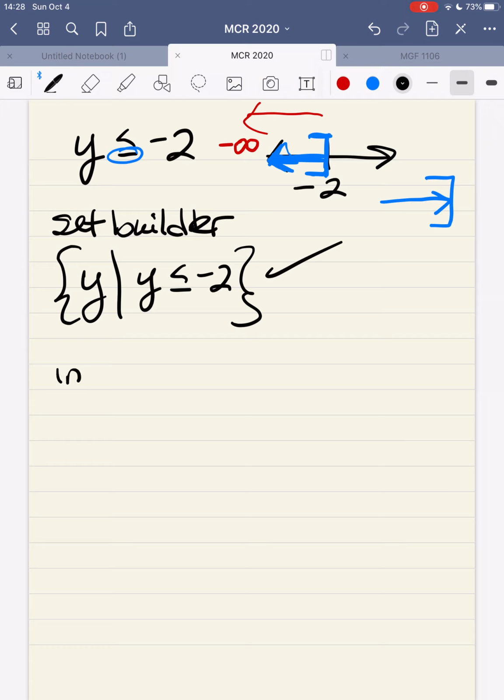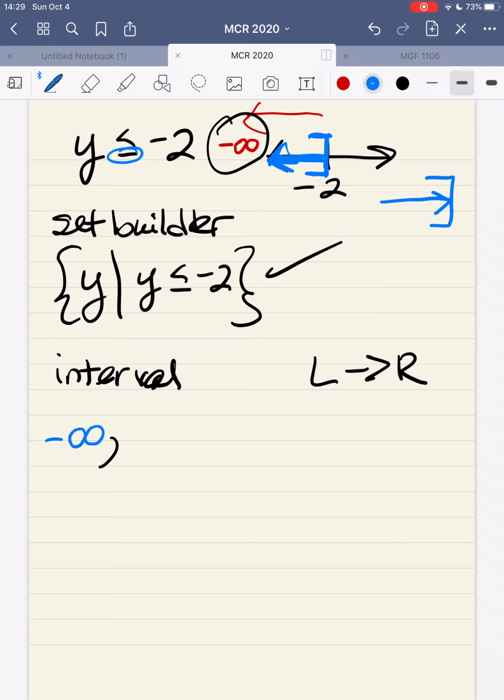If I want to do interval notation, okay, then I have to go ahead and look at my graph. And my graph, remember I start from left to right. And I'm going to have two numbers. My leftmost number is -infinity because I don't know where that number actually starts. Okay, so I will have -infinity to the left-hand side.